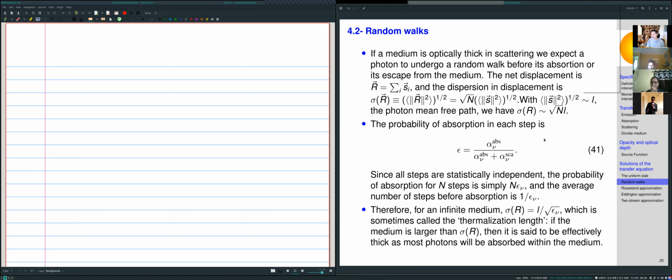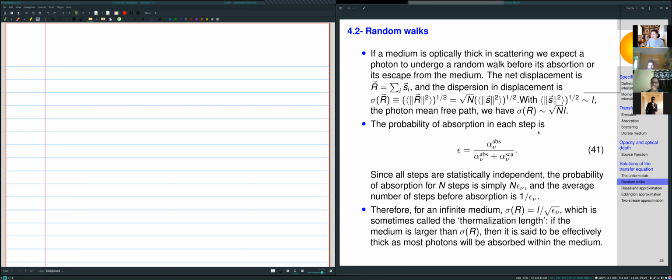If the probability of absorption is given by this equation, and we imagine this is less than 1, then we have a unit probability of absorption after some number of steps n. So we equate n times epsilon equals 1, and so the average number of steps before absorption is 1 over epsilon.